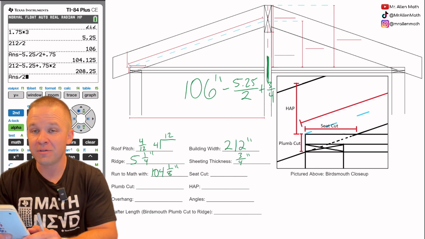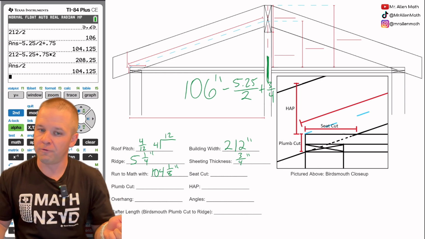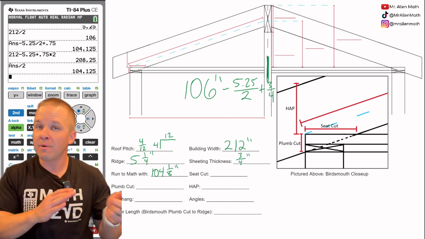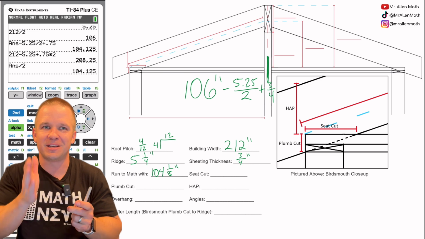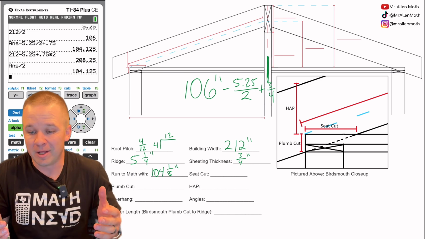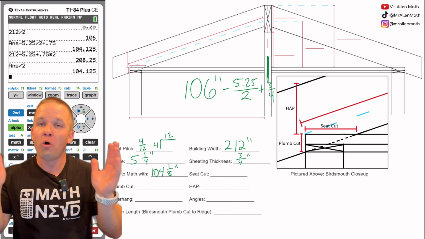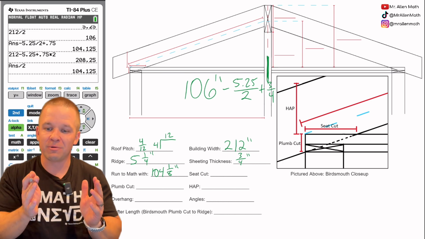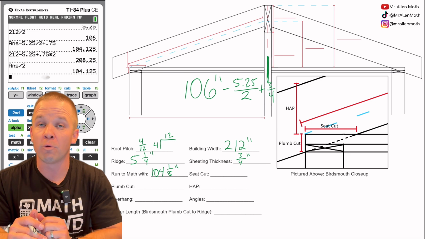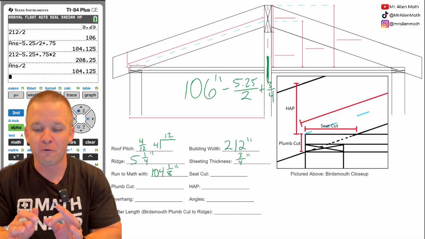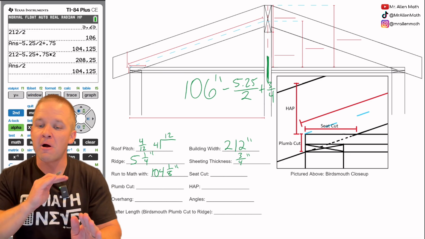Then divide all of this by 2, and I get the 104.125. Either way is fine, whatever you want to do. I always end up splitting it in half first and taking off half of my materials. But some people like to just do full width of the building, subtract the ridge, add your sheeting, divide by 2, boom. That is the run that we're going to math with. So we're mathing with 104.125.